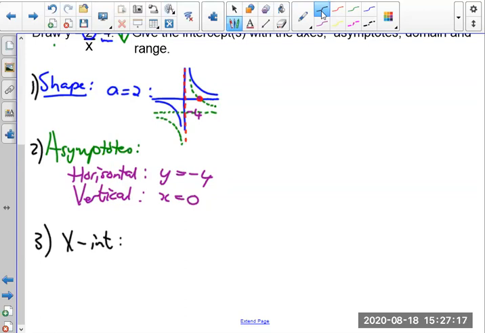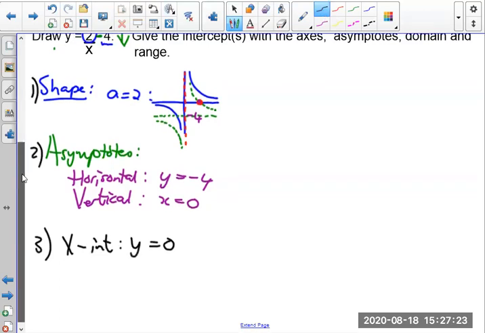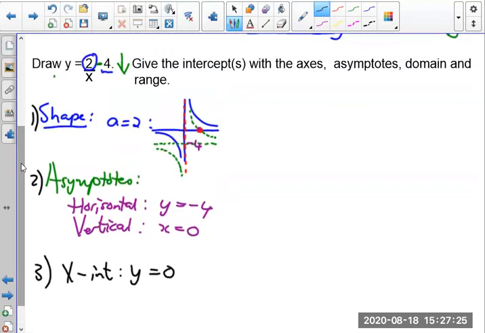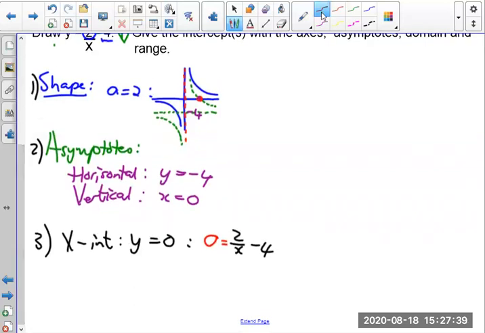So how do I get the x-intercept for any graph? I make y equal to 0. So I take my equation, 2 over x minus 4, but I make the y equal to 0. Okay, and I just solve. So that gives me 2 over x equals 4.